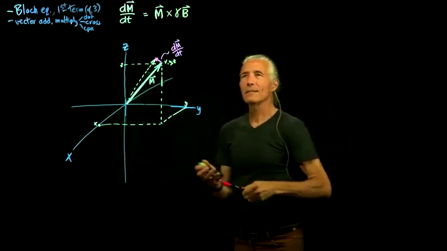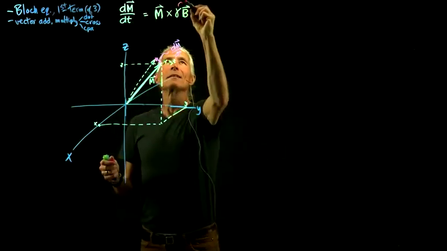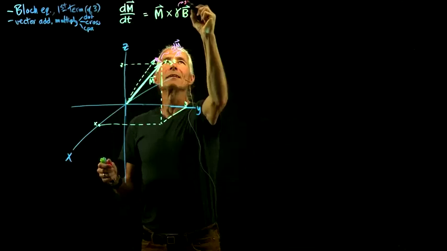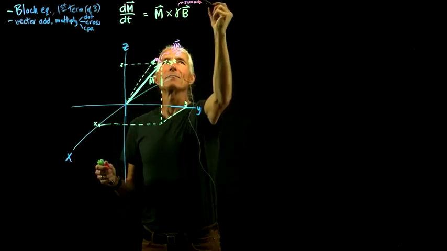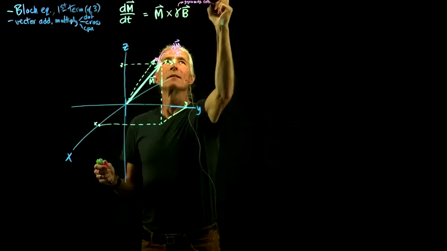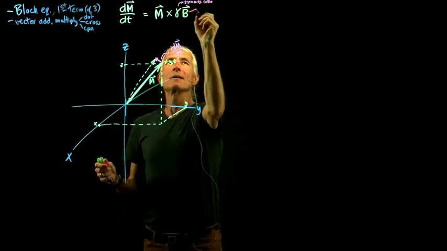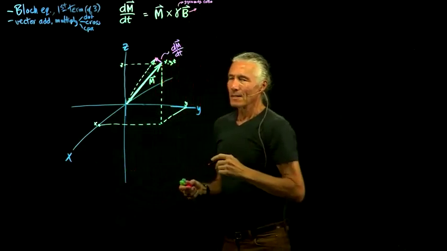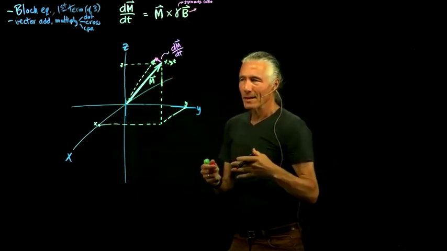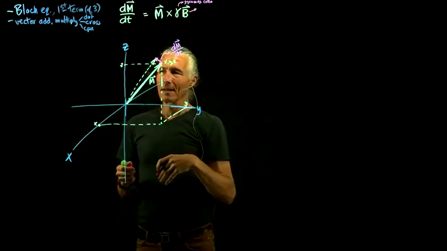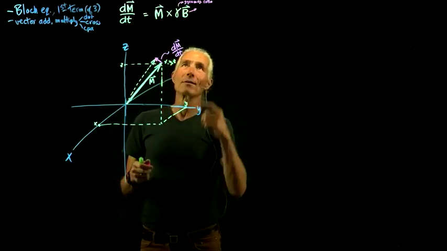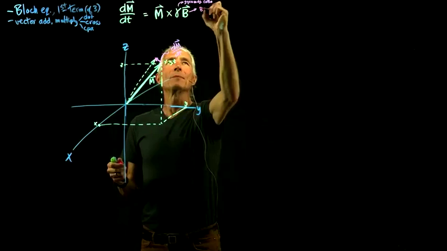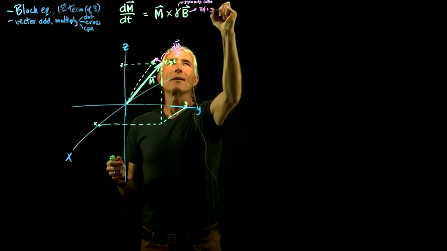And this guy is just a constant, the gyromagnetic ratio. This guy is the field that's applied, so that would be like the superconducting magnets that make the B0 and the gradient coils, so that's the B0 plus gradient plus RF.